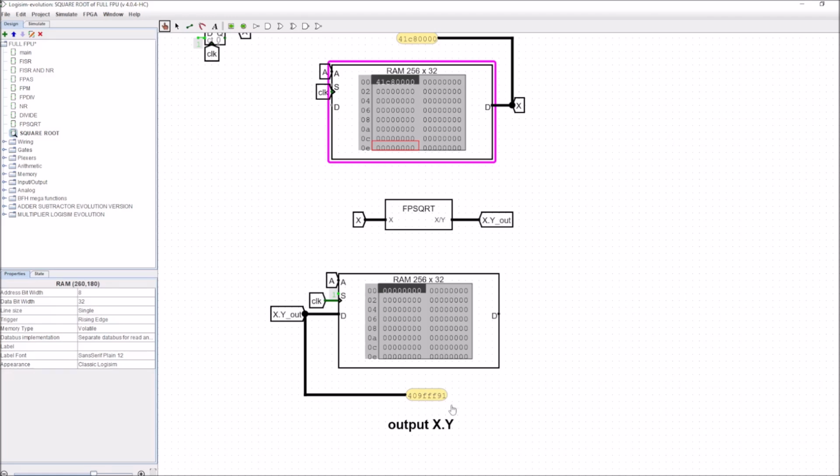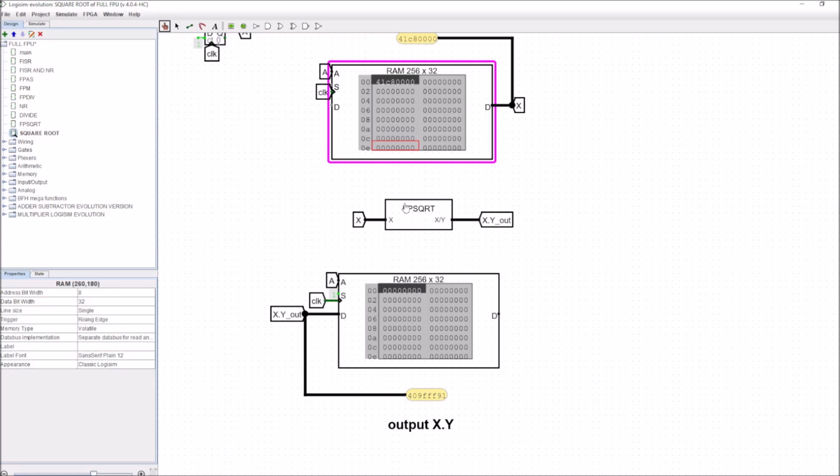Okay, and we're getting this answer here. Now this answer here, in the decimal version of this 32-bit float, is actually 4.999947. Okay, so we're getting it correct to 1, 2, 3, 4, 5 significant figures. Okay, so again, it's a decent approximation.